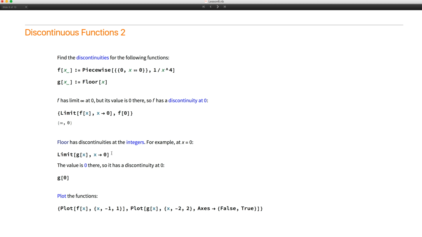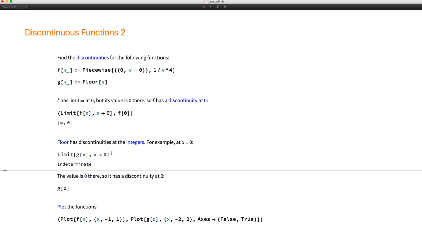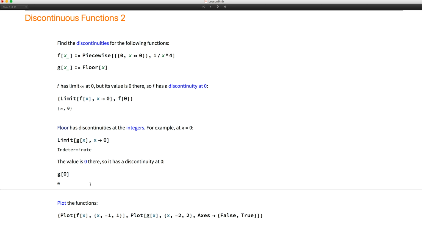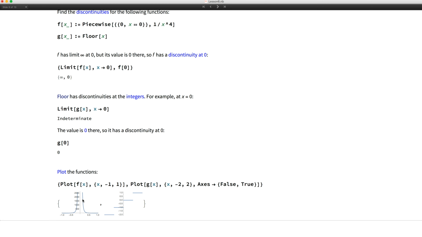It's got discontinuities at all integers. So for example, at 0, the limit is indeterminate, and the value at 0 itself is 0, so clearly there's a problem at that point. So here are the functions. F only has a problem at 0, while g seems to have many more problems in its graph.